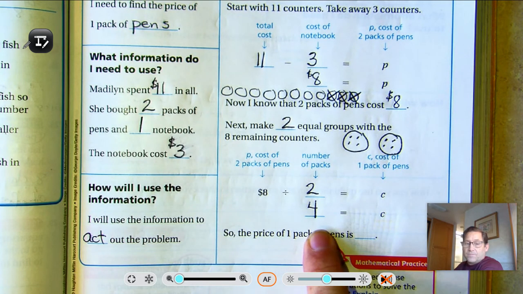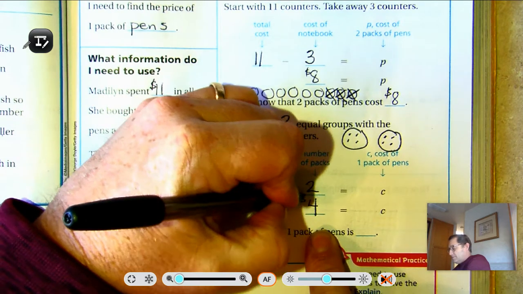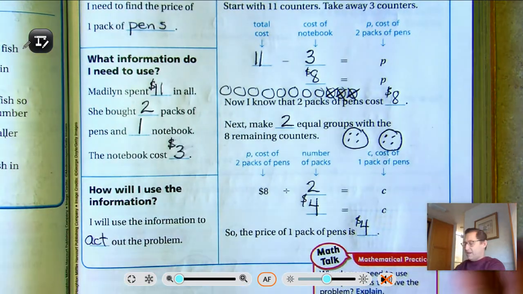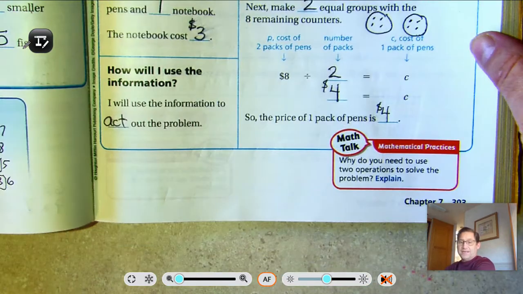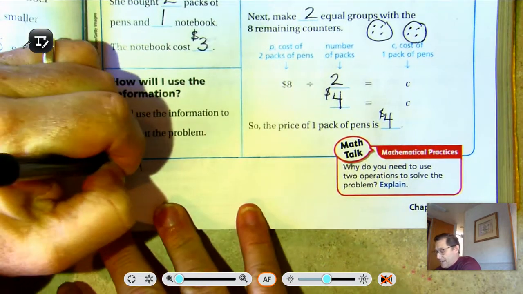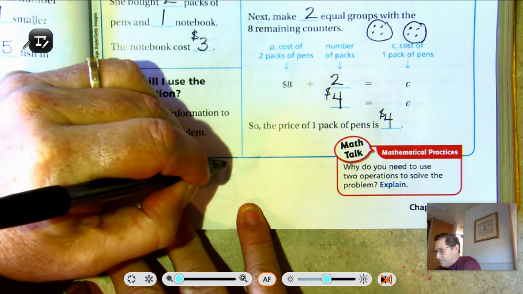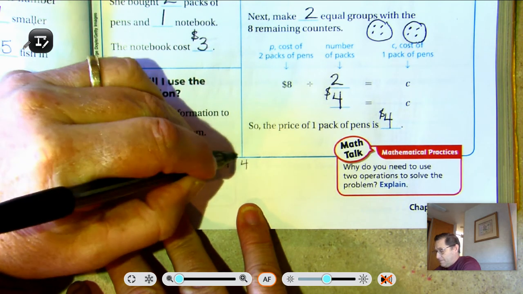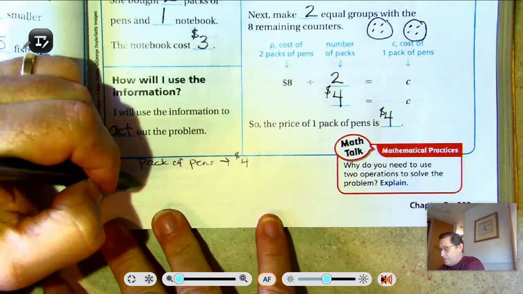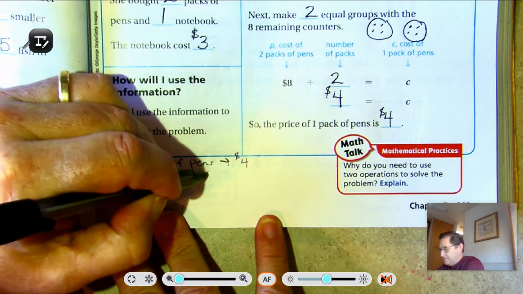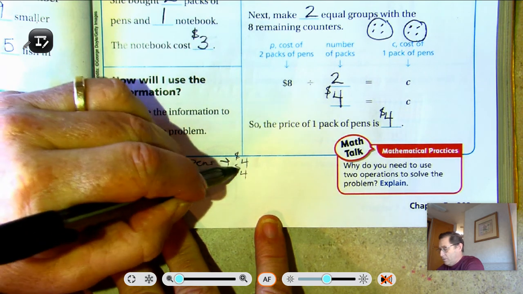So there's going to be $4 per pack. And we can check that to see if that makes sense. Okay, let's see. Pack of pens, $4. Pack of pens, $4.